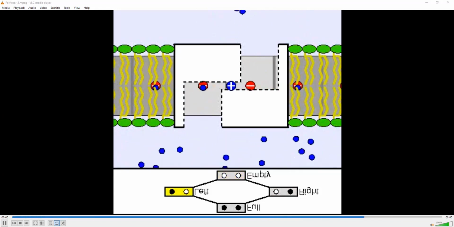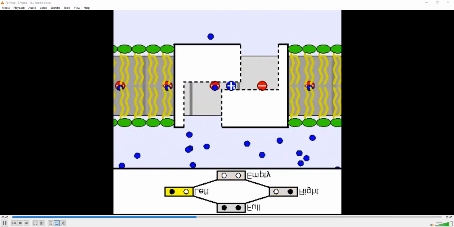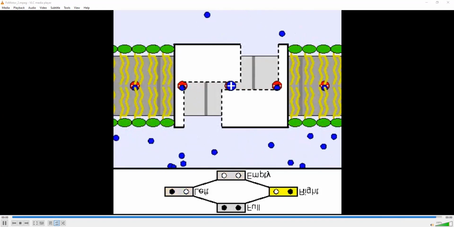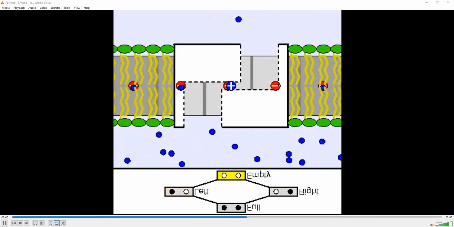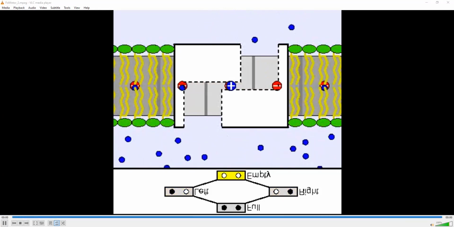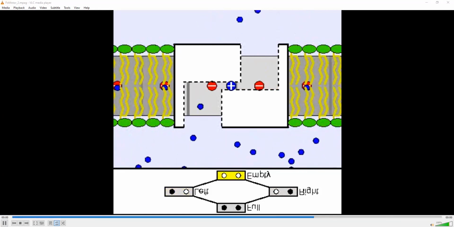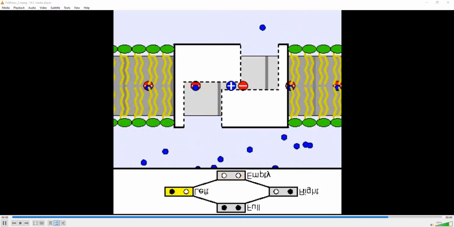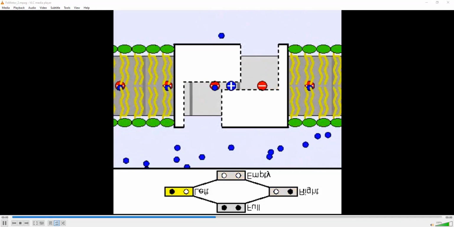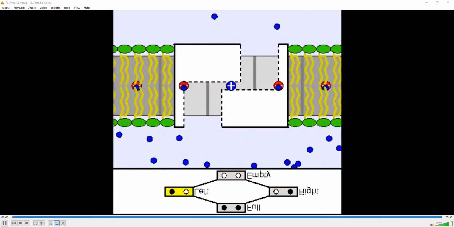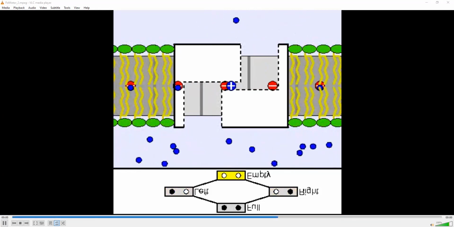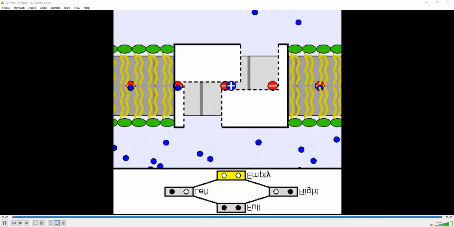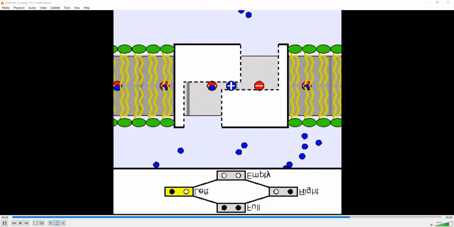So that fixed blue positive in the middle repels. Two blues repel away from each other, and then a red and a blue would be attracted to each other. And that's exactly how a vacuum cleaner motor works, or an AC motor. By changing the attraction or repulsion, it only spins in one direction.